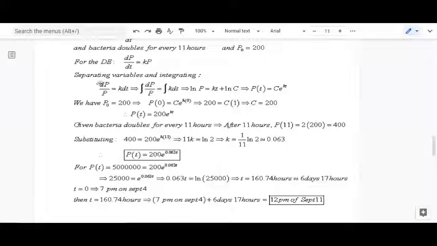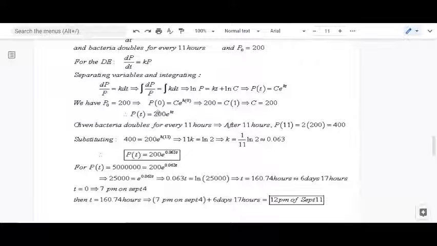Then by separating variables and integrating both sides, we get this formula, which includes a constant. As the initial population at time equal to 0 is 200, by replacing we get the constant equal to 200.